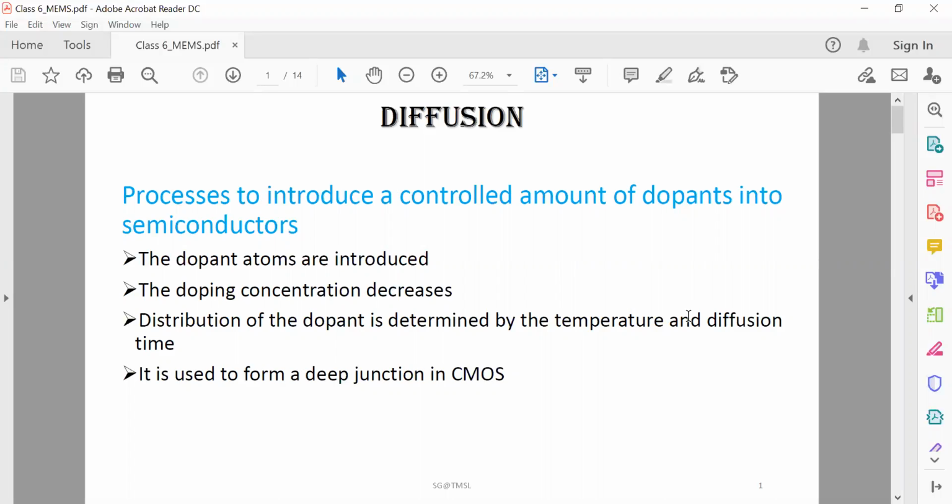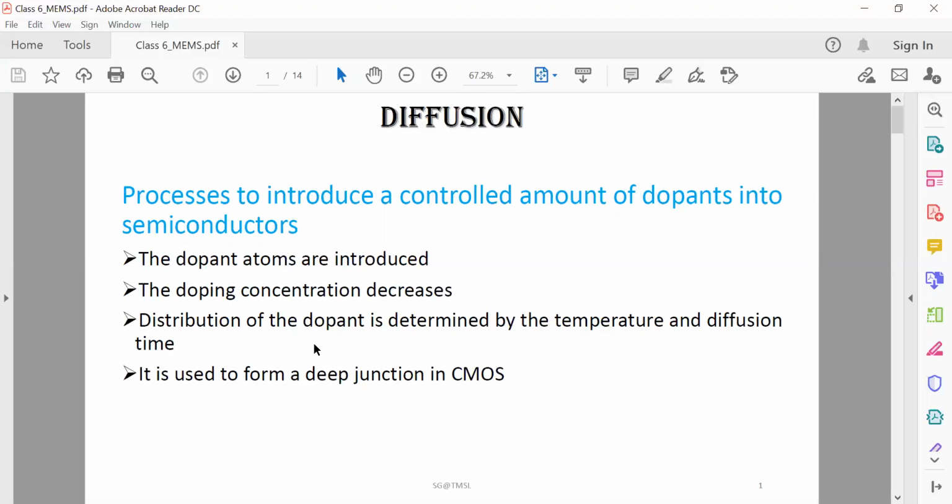In the diffusion process the dopant atoms are introduced from the gas phase or by using doped oxide sources. The doping concentration decreases monotonically from the surface, and the in-depth distribution of the dopant is determined by the temperature and diffusion time.